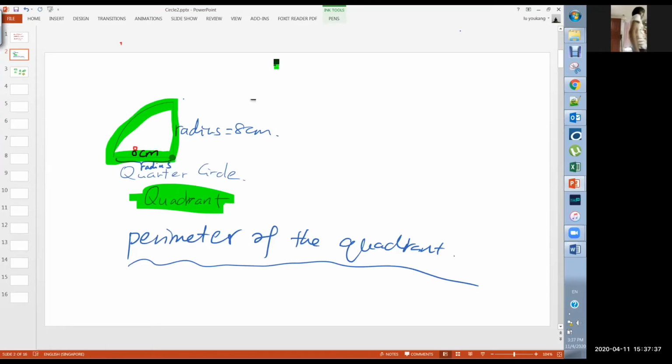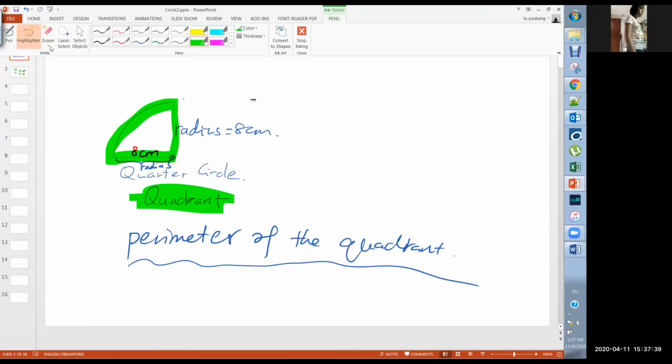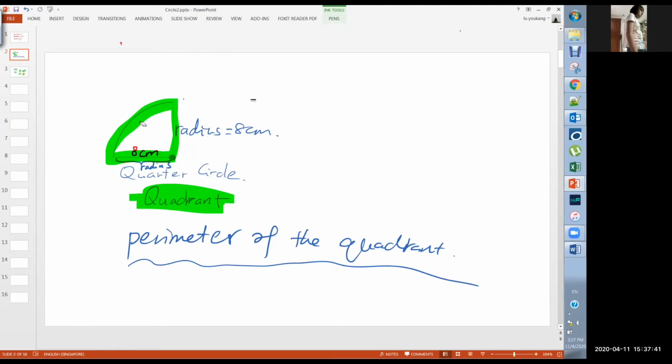So that means if I use different colors, all I need to do is find the yellow one, and then the purple one, and then the green one. Right? Then that will give me the perimeter of what?